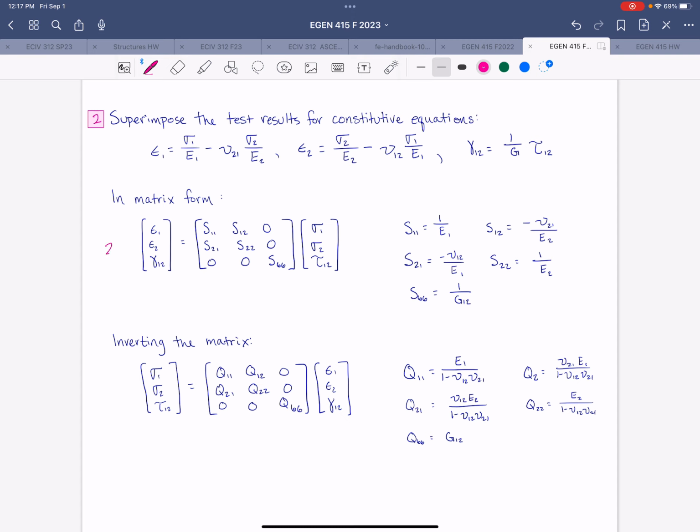I'll call this 2A and this 2B, where these S and Q terms consist of different relations between the material properties to plug in here. You can either solve for strains given the stresses, or solve for stresses given the strains using these S and Q terms.